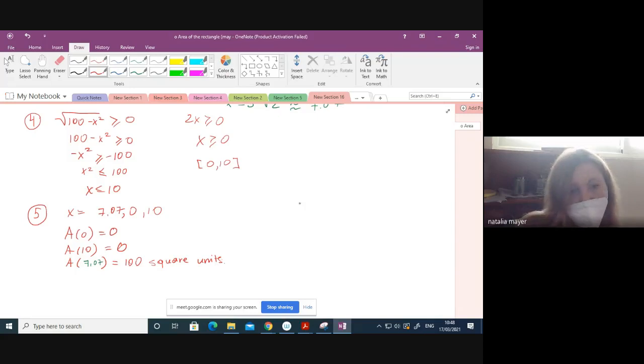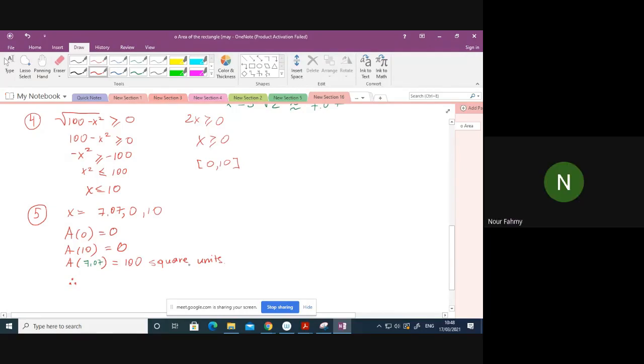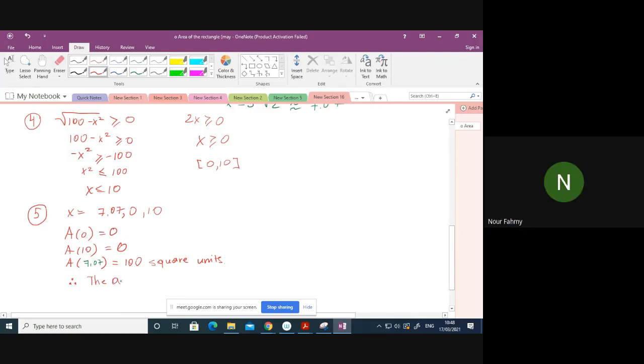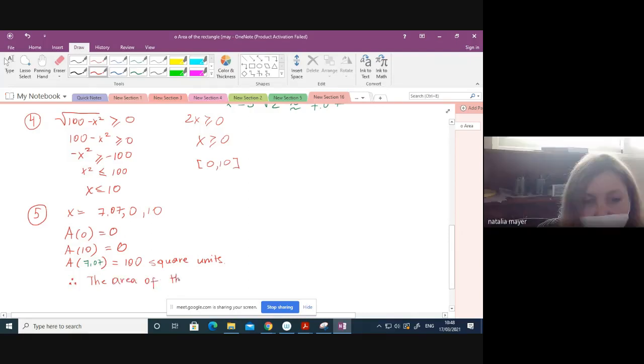Done. Let's do the therefore statement. Noor Fahmi, can you make the therefore statement? Yes. So therefore, the area of the rectangle. Or you mean the area of the largest rectangle, right? Yes, the area of the largest rectangle is 100 square units.